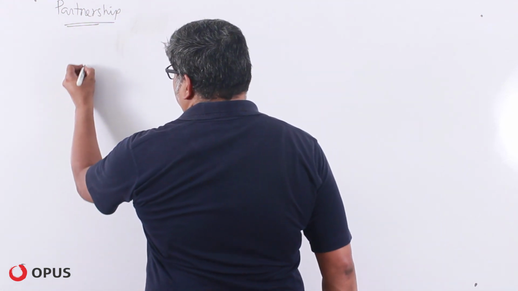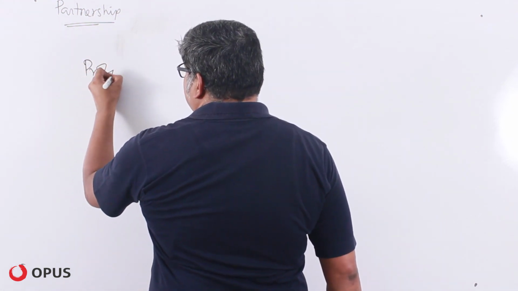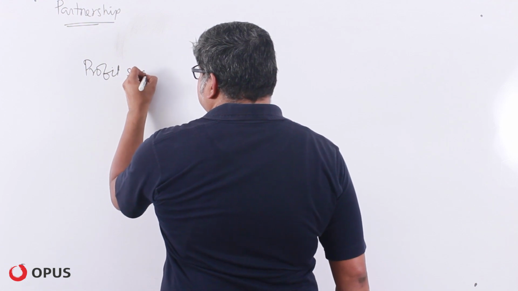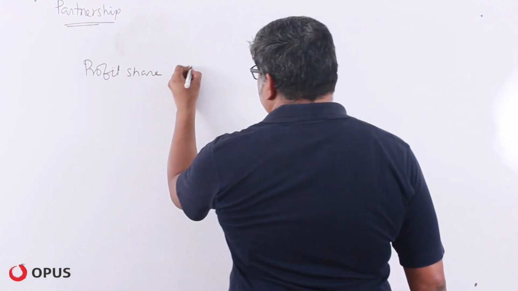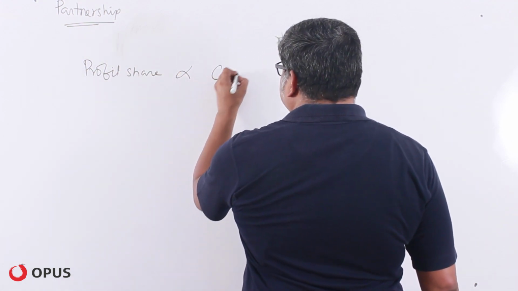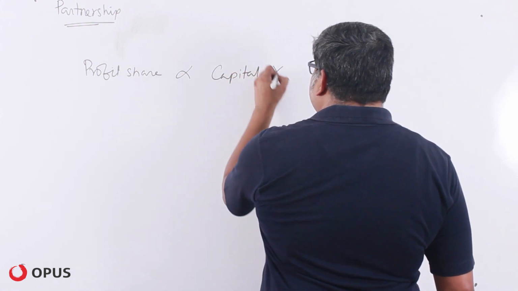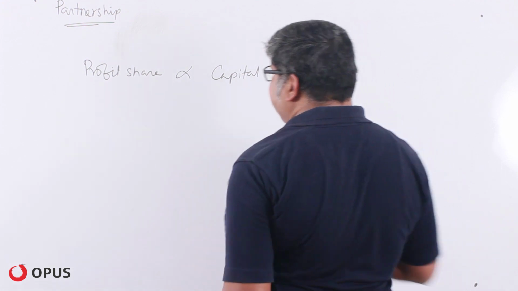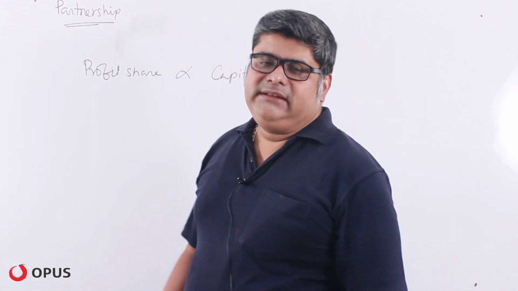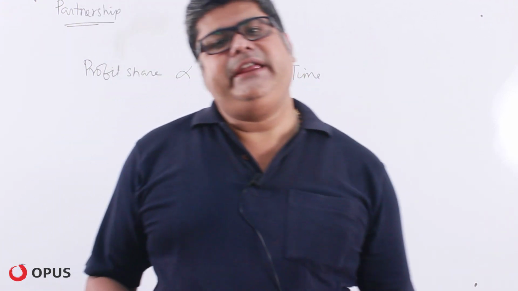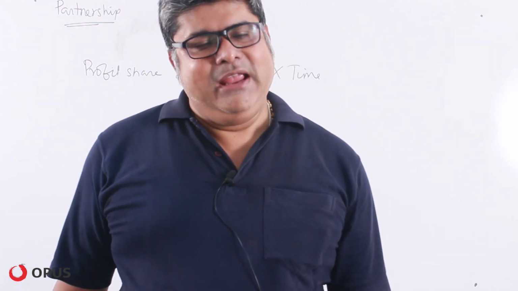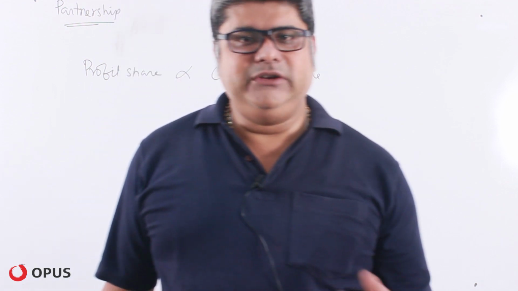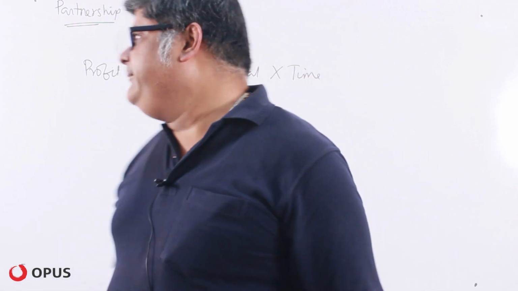So basically, we can say that profit share is actually proportional to capital into time. So capital into time. Now this capital into time is nothing but we can call the time for which the money was in the business. Now let me share one example that would help you understand this concept in a better way.